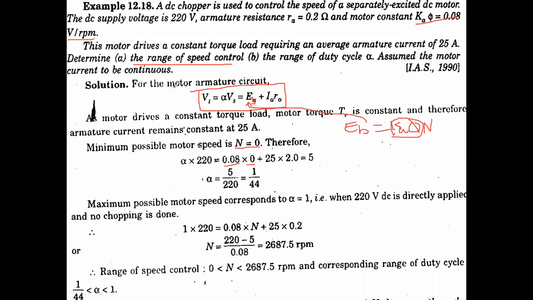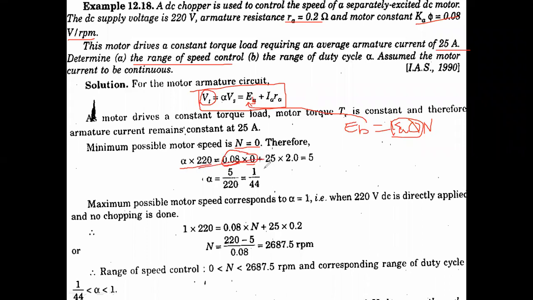We need to know the minimum duty range also. We don't know the armature voltage, so in order to calculate it, the armature voltage can be written as duty cycle into input voltage EDC. So duty cycle into EDC equals 0.08, because this is a constant value, into the minimum possible speed, which is 0, plus Ia into Ra. Ia is already given as 25 amperes and Ra is given as 0.2 ohm. This entire term will become 0.